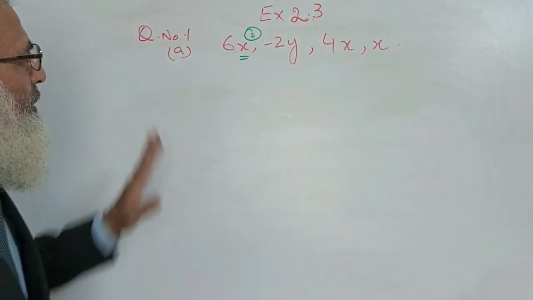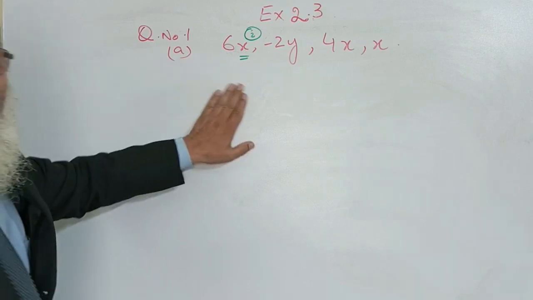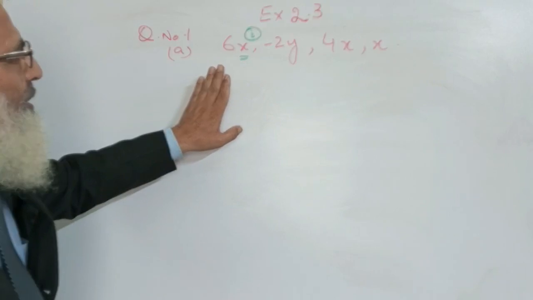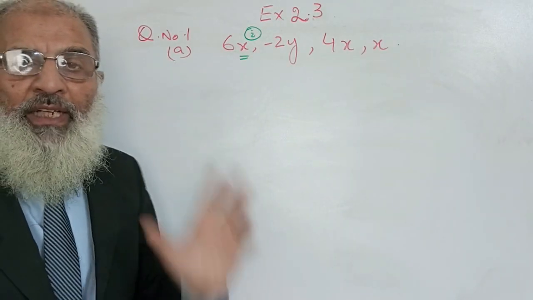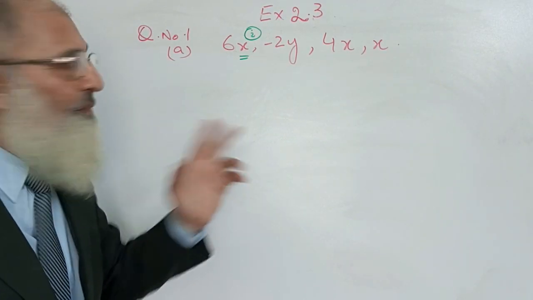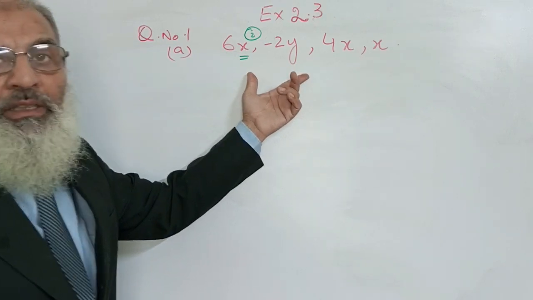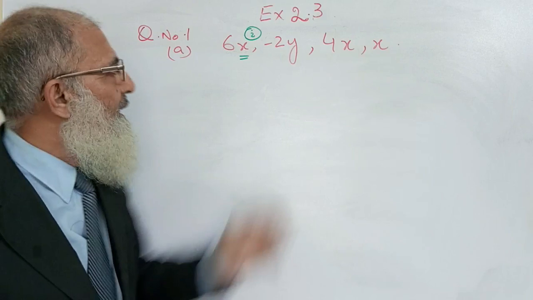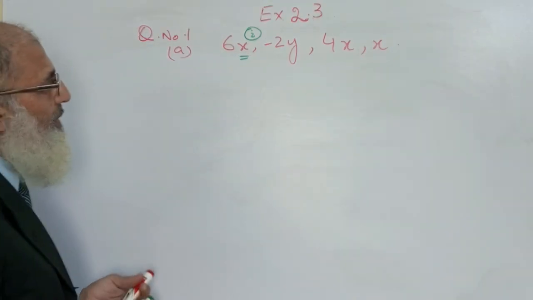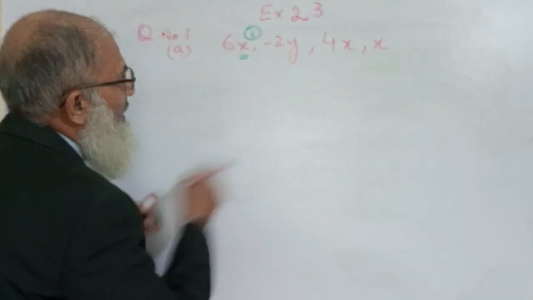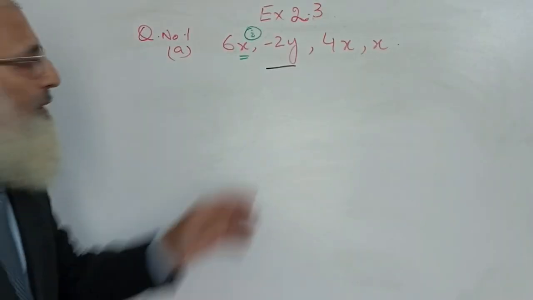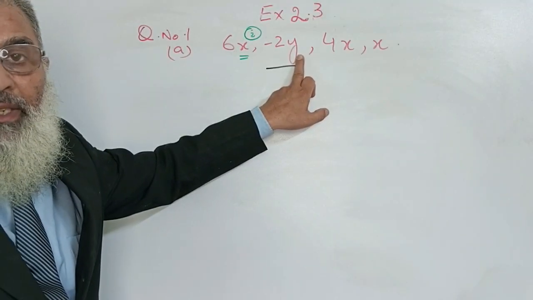Now, so far as these terms are concerned, there is only one term which is not alike to the others, and that is this one, minus 2y, because the variable is different.